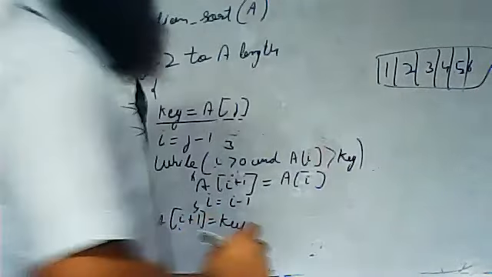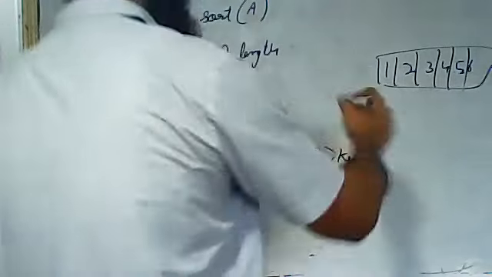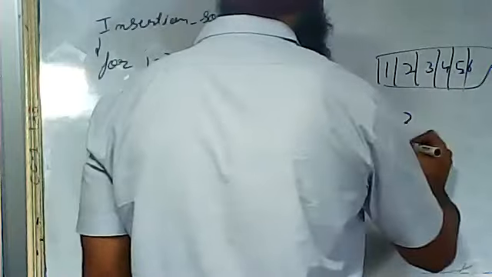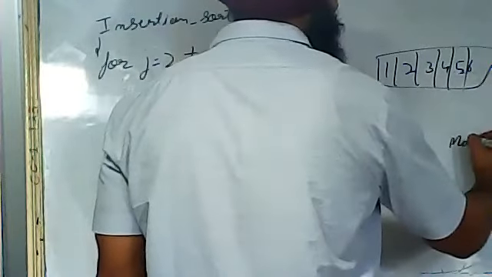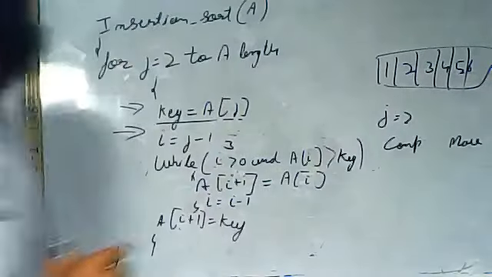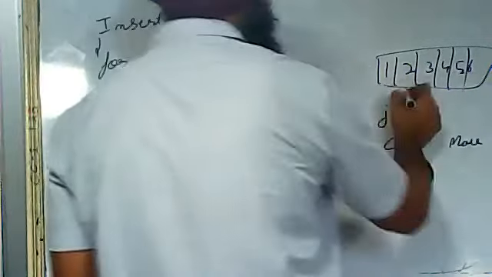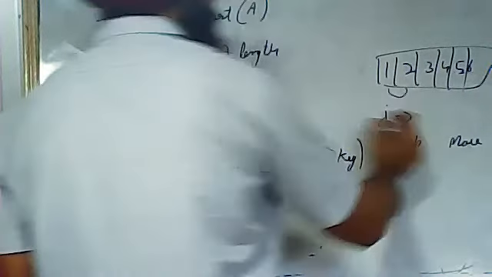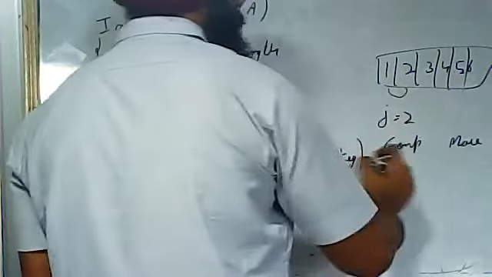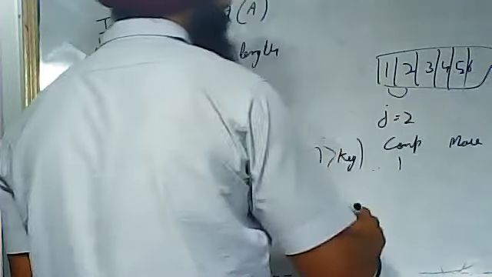And how many comparisons do I have to do for j equals 2? What will be the number of comparisons and movements I'll have to do? I'll have to compare only one element. So one comparison for j equals 2.